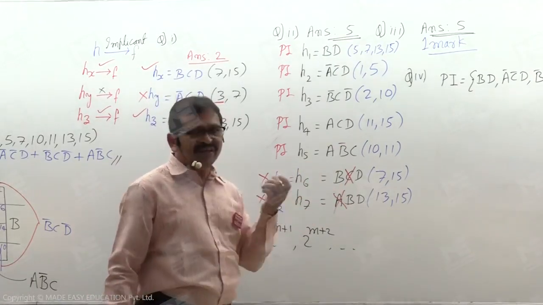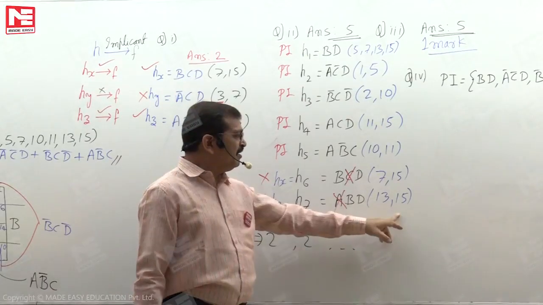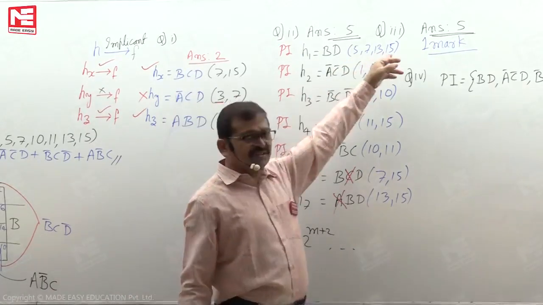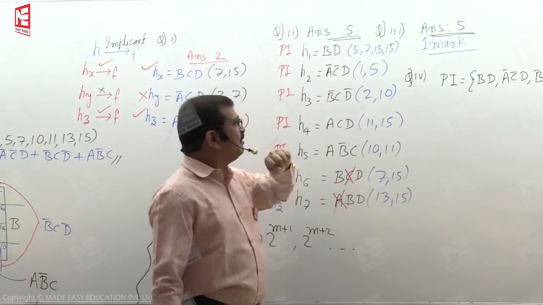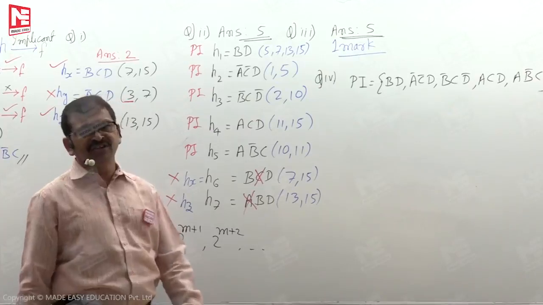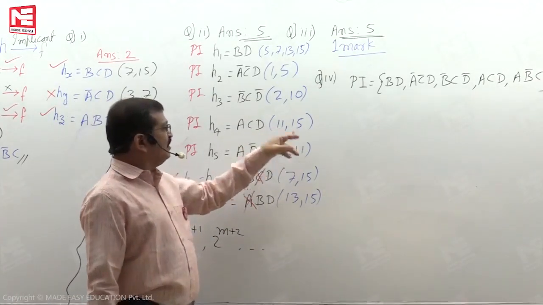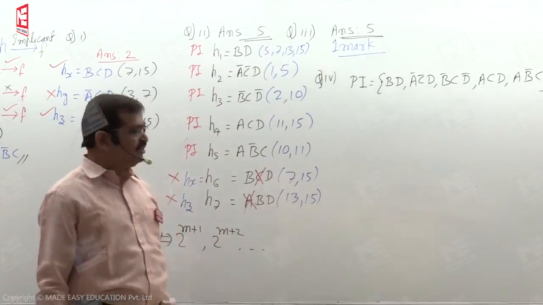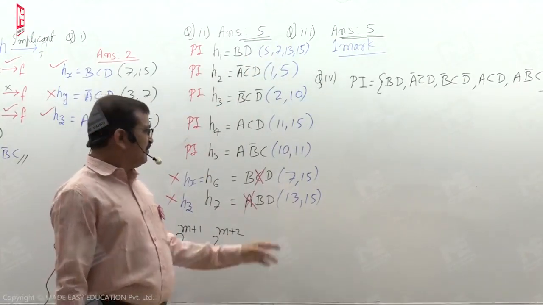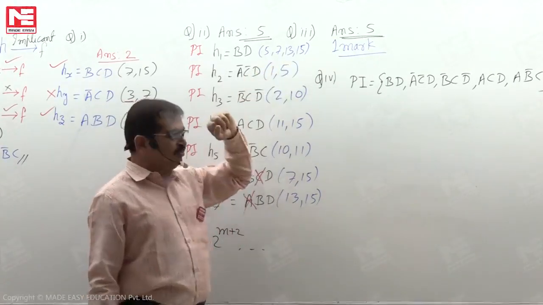From all this work, the understanding is that 13, 15 is coming as part of this larger size subcube. But if you take this 1, 5, it is not part of any larger size subcube. If you take this 10, 11, it is also not part of any larger size subcube. But if you take 7, 15, it is part of a larger size subcube.